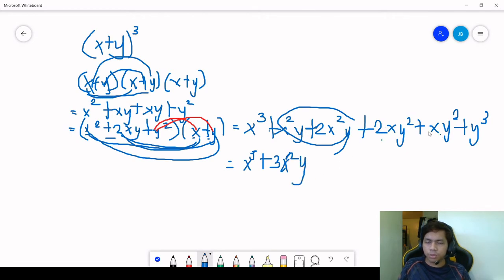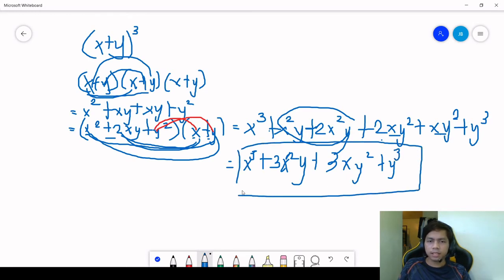Then 2 plus 1, once again they are the same, the same literal coefficients, plus 3xy squared plus y cubed. Now, this is our answer: x cubed plus 3x squared y plus 3xy squared plus y cubed.